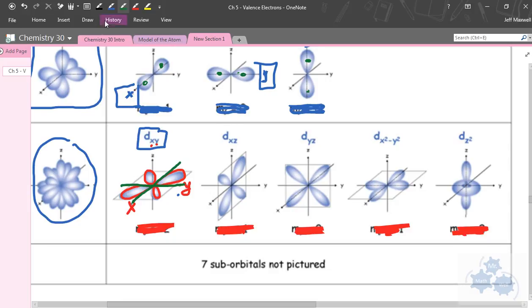The dxz, as you can probably guess and see from the diagram, is another 4-lobed orbital, and it extends between the x and the z. So here's the x-axis, here's the z-axis, just so you can see that. And these orbitals, of course, exist in between. A little tougher to draw, right?